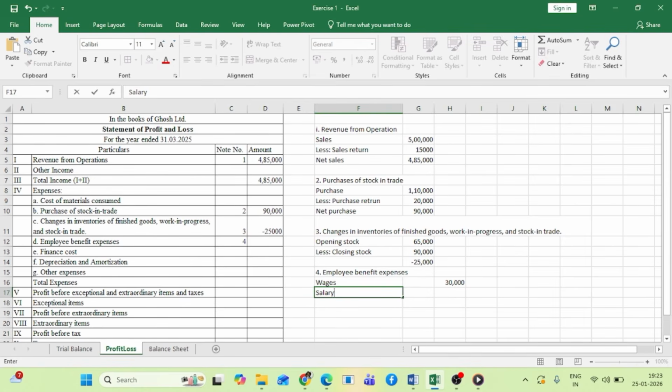So in order to show the total expenses in a particular year, you need to add outstanding expenses with the particular expense. Okay, so in this case the amount of salary is 90,000, and I will add outstanding salary rupees 10,000. So altogether it is coming 1 lakh. Okay. So the total of the employee benefit expenses is 1 lakh 30,000. Fine. So here it is 1 lakh 30,000.